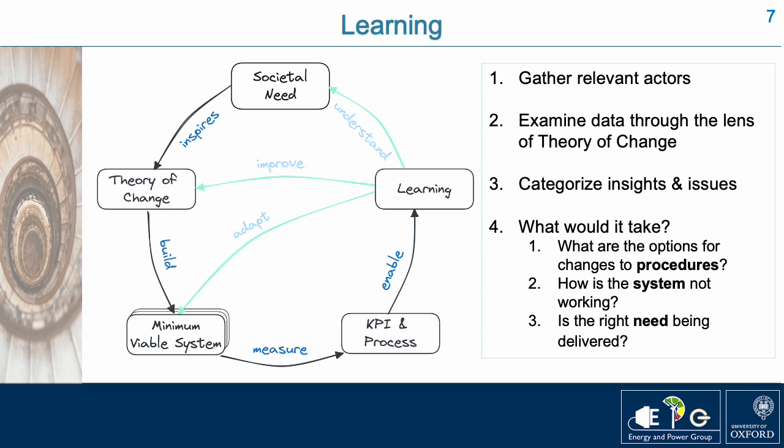This question prompts a reflection on the alignment between the system's output and the actual needs, encouraging a reconsideration of how those needs are framed. This learning activity not only facilitates a deeper understanding of the system's dynamics, but also provides actionable insights for refining interventions and steering the system toward its intended outcomes.